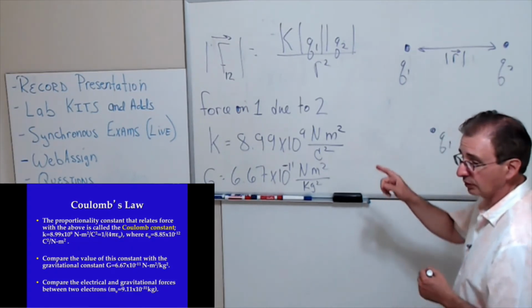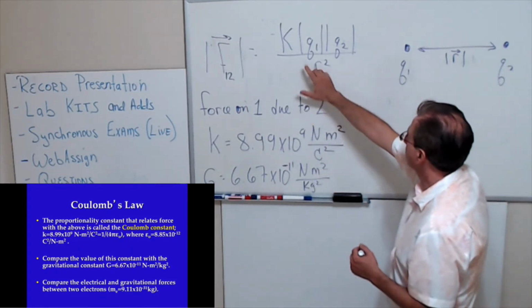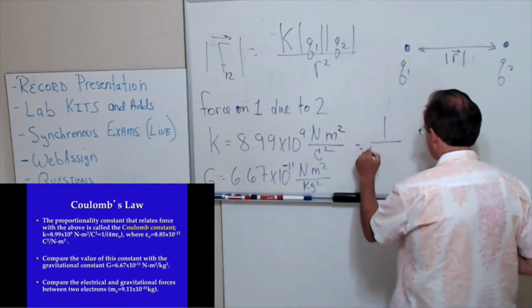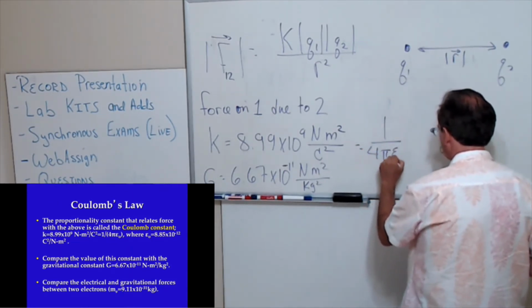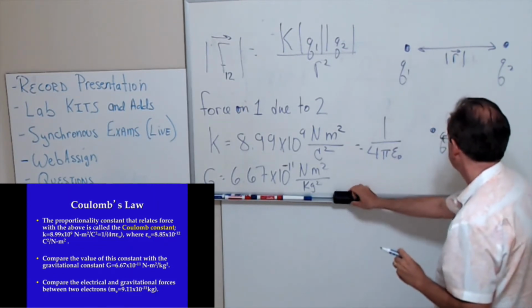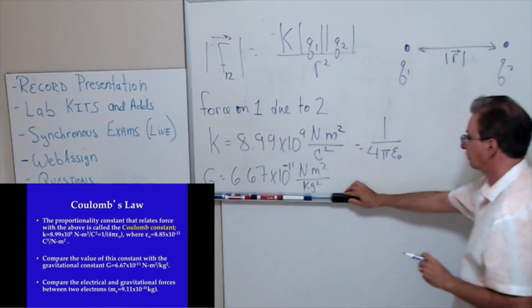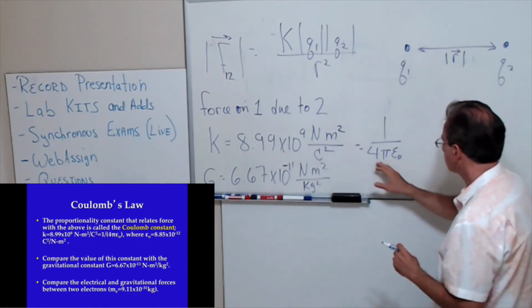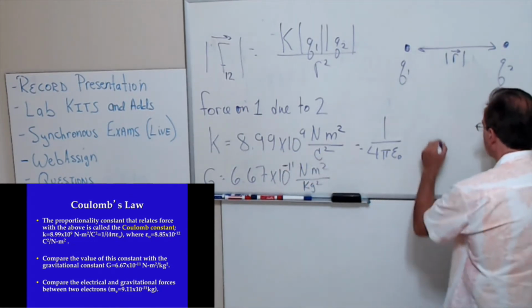Now, there's a couple of ways to write this K constant. You can write K as 8.99 times 10 to the plus 9. It's also written as 1 over 4 pi epsilon naught.